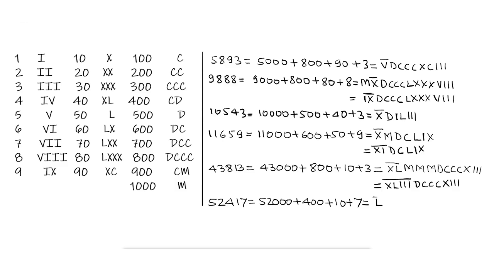So this becomes 50,000. And 2,000 we write MM. 50,000 plus 1,000 plus 1,000. This is 52,000. Now 400 is CD. 10 is X. And 7 is VII.